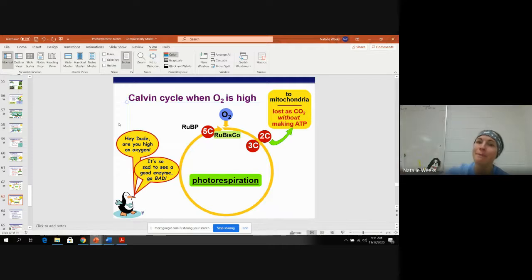Because if we remember back, acetyl-CoA is a 2-carbon molecule. So here's another 2-carbon molecule that then will go to the mitochondria in those plant cells and start doing respiration. Okay, so sometimes bad stuff can happen.